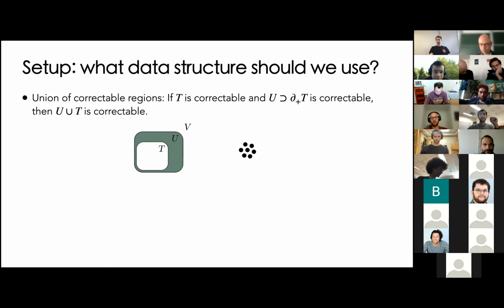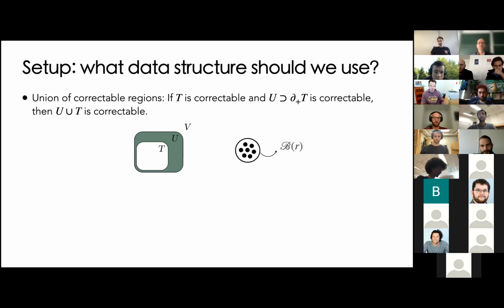This is called the union lemma. It's possible to show that if this is correctable and that is correctable and they share qubits in just the right way, then I can extend this set so that the whole region is correctable.